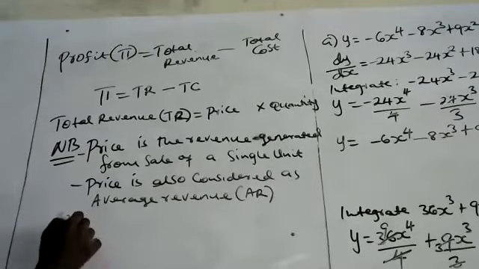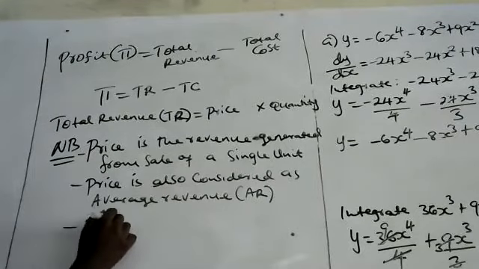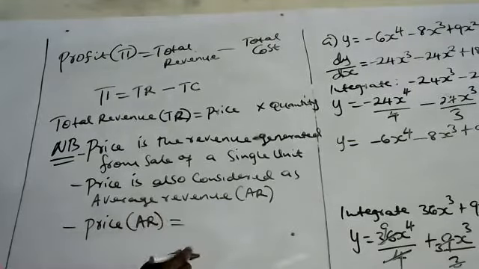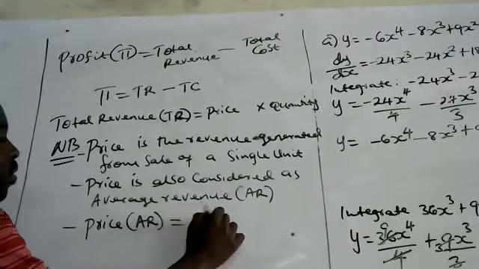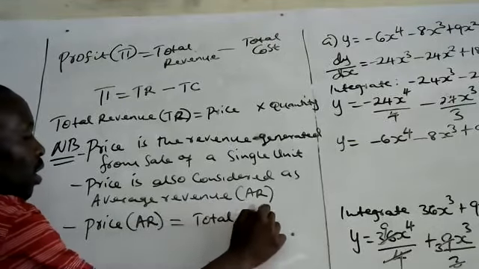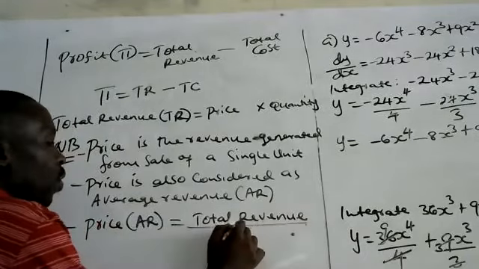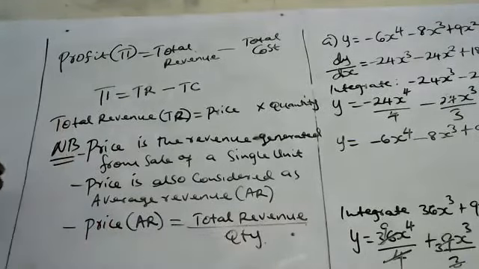And therefore you can say that price or average revenue is given by the total revenue divided by the quantity. The total revenue divided by the quantity will give you the price.